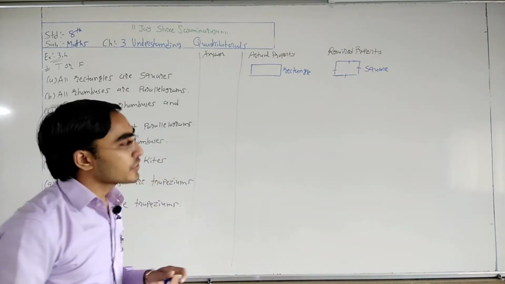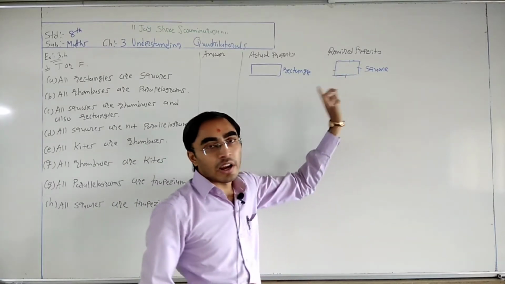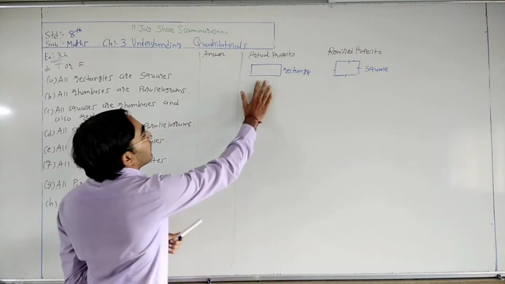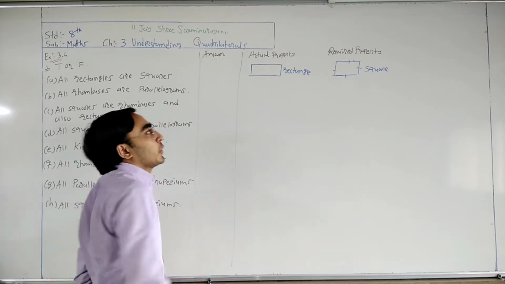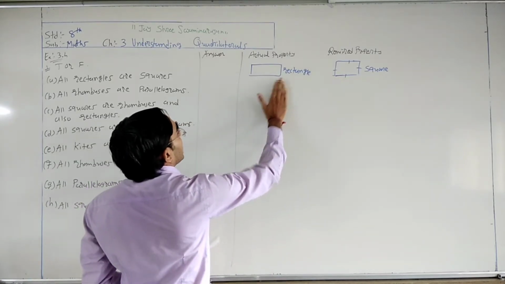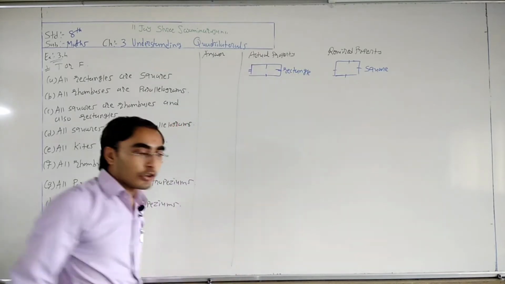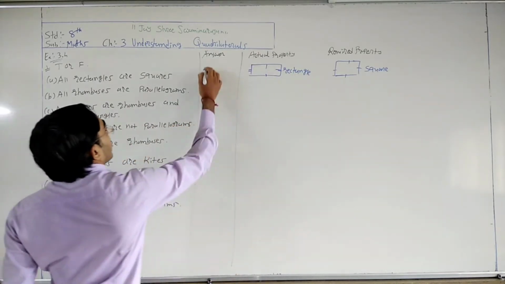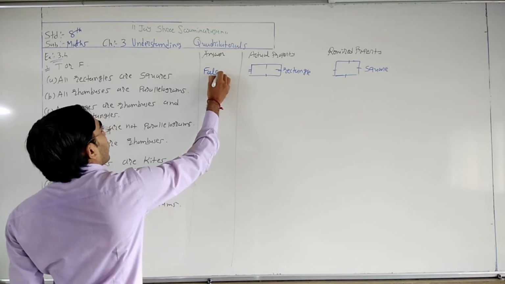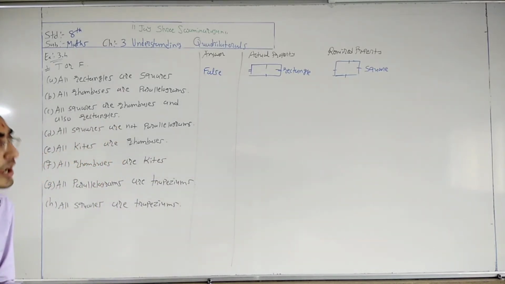For square, our first requirement is all four sides are the same, but actually we do not have that in the rectangle, because in a rectangle opposite sides are the same, but all four sides are not the same. That's why the first statement is false.